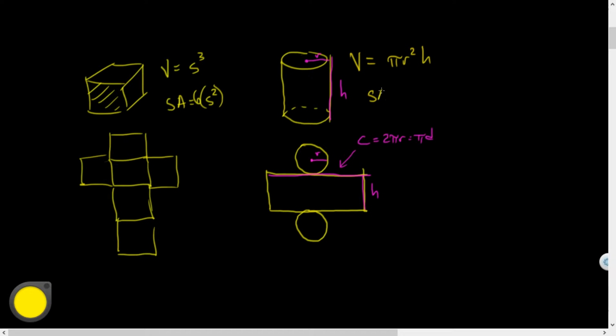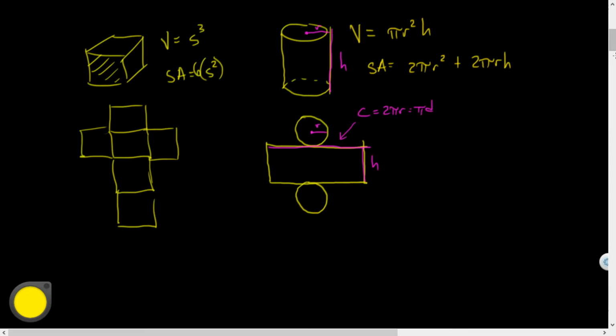And the surface area of a cylinder would be 2 pi r squared, there's 2 circles there, and then I have to add the area of the lateral rectangle, which is 2 pi r, the circumference, multiplied by the height. So this would be the surface area of a cylinder.